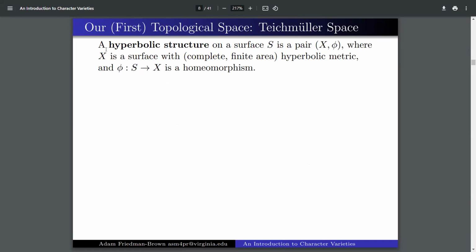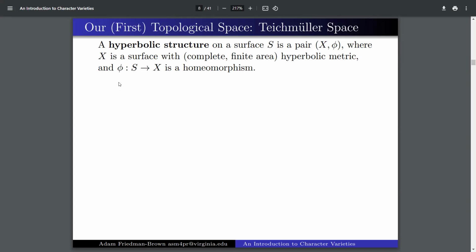So the Teichmuller space is based on hyperbolic structures on the surface. Now, a hyperbolic structure on some surface S is a pair (X, phi) where X is a surface with a hyperbolic metric that is finite area and complete, and phi is some homeomorphism from S to X. This is not just directly a hyperbolic surface, it instead has this map here.